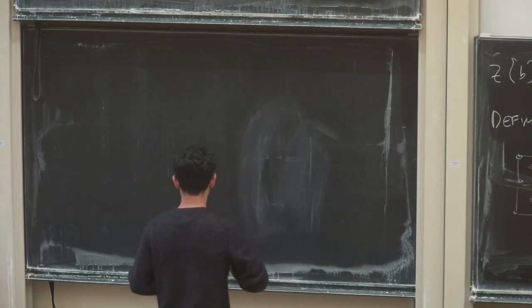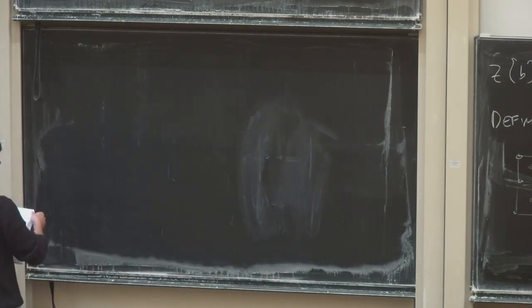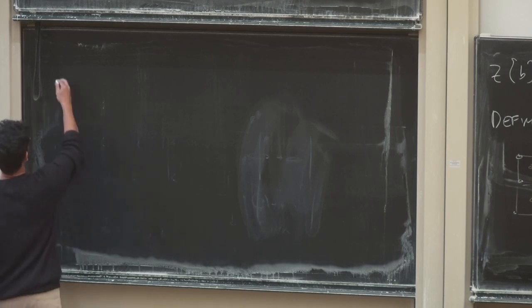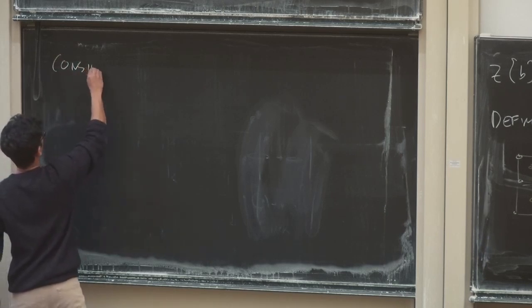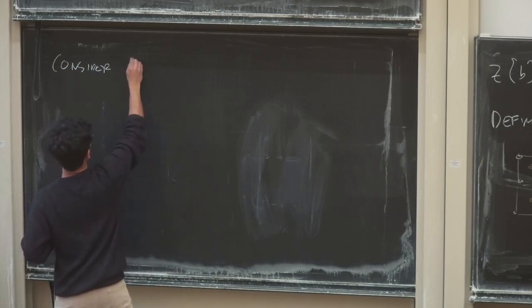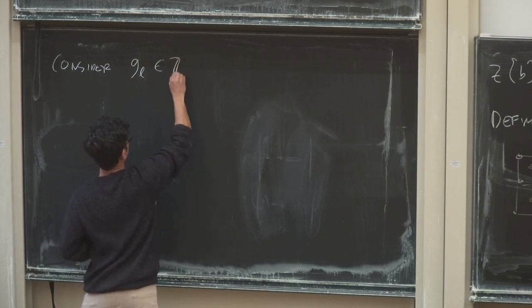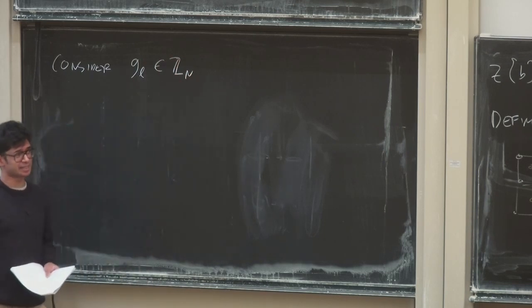So what is the most general invariance? What you should do is consider now a Zn valued function on the links. Okay, G sub L on the links.